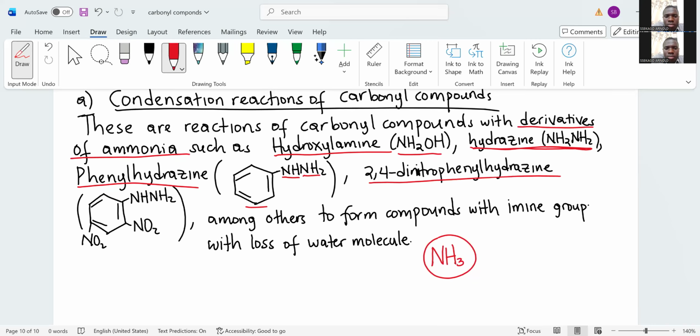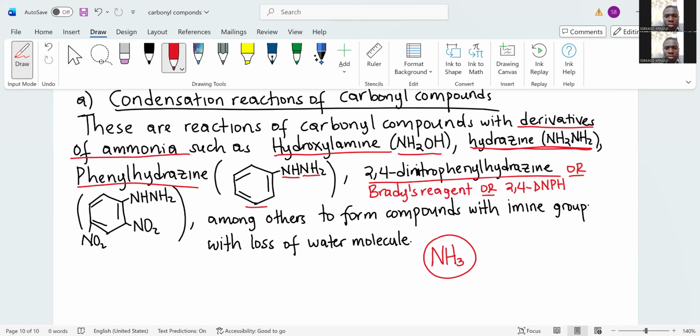And the other compound is 2,4-dinitrophenylhydrazine. For those of you who read a lot of books, 2,4-dinitrophenylhydrazine is the same as Brady's reagent, and in some books it is abbreviated as 2,4-DNPH. So if I use Brady's reagent or that abbreviation, I am referring to 2,4-dinitrophenylhydrazine.